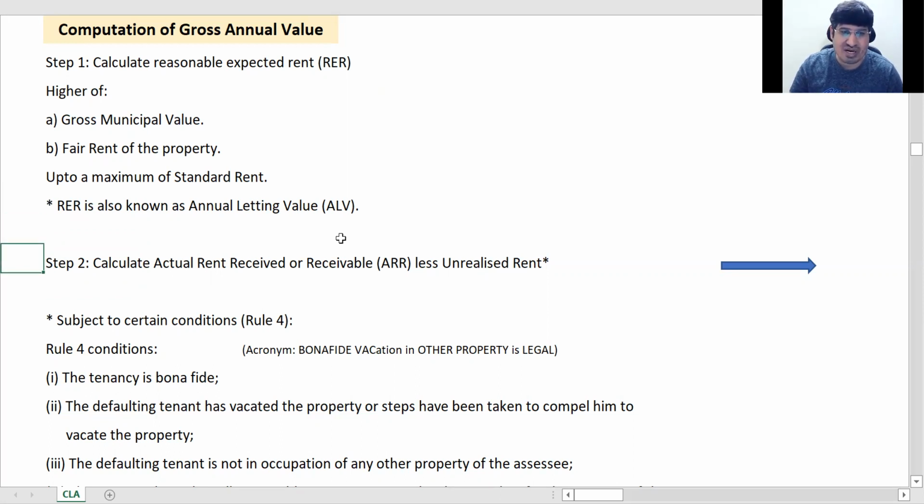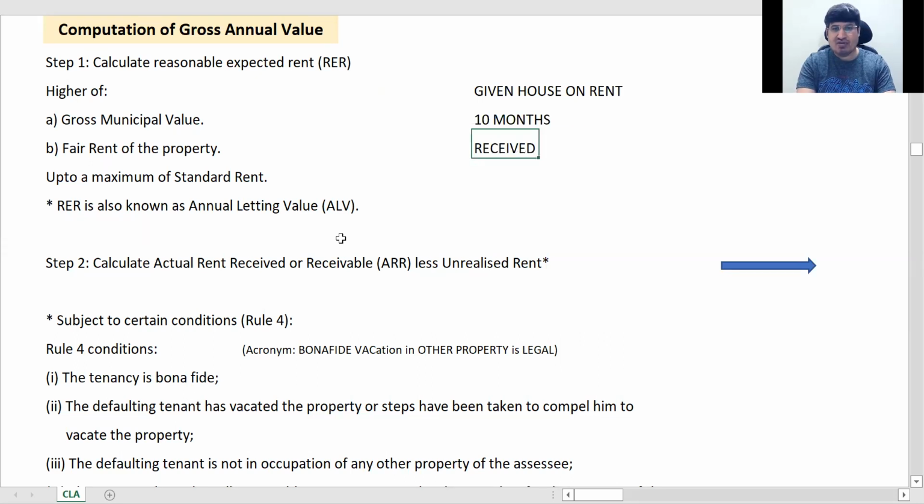Step 2 is actual rent received or receivable, less unrealized rent. So unrealized rent is something like, say your house, you have given on rent for 10 months. Okay, you've received rent for 9 months. Then the tenant ran away.